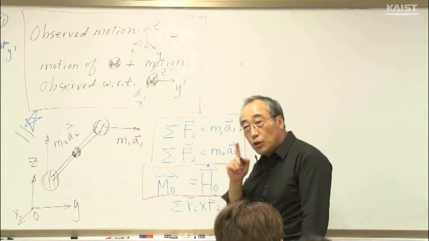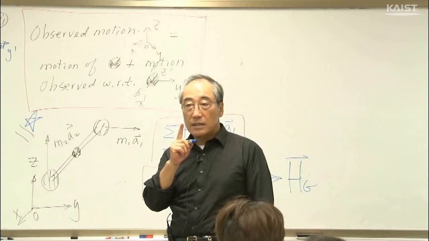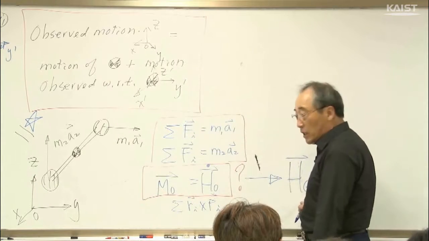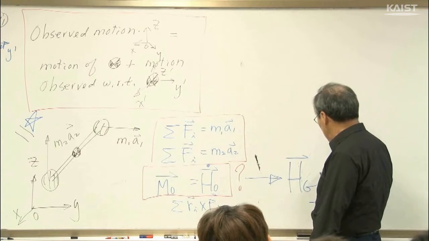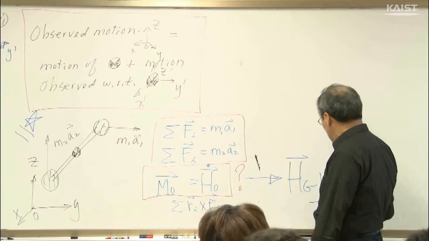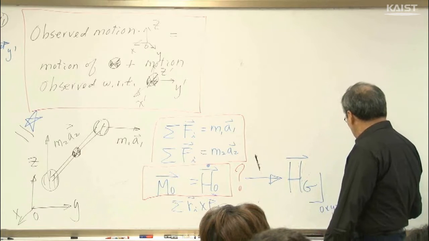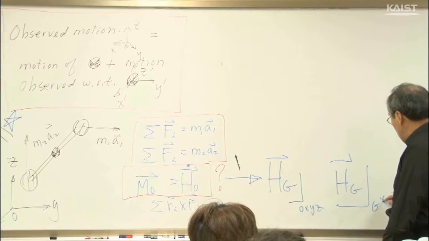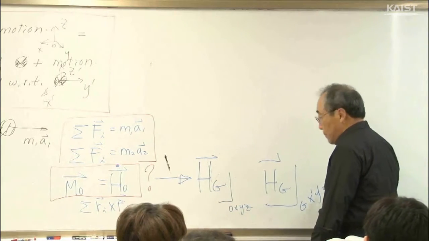This is also a vector, I am emphasizing. Therefore, this HG vector can be expressed with respect to O, X, Y, Z, or this HG vector can be expressed with respect to G, X prime, Y prime, Z prime.